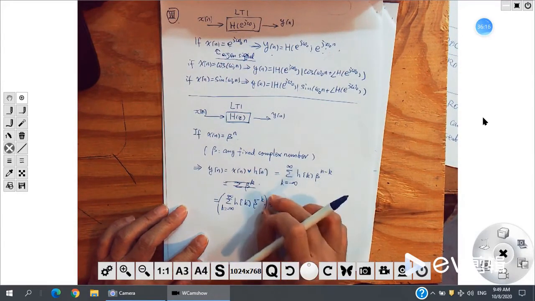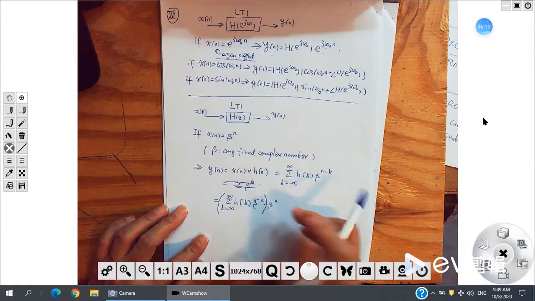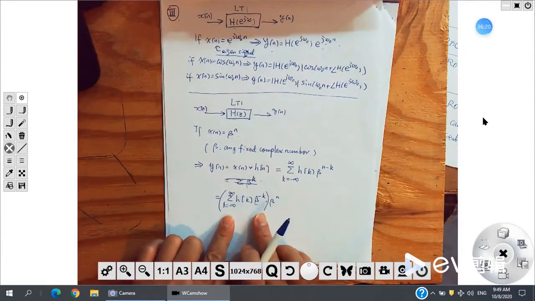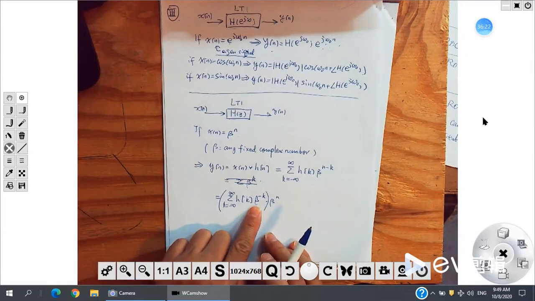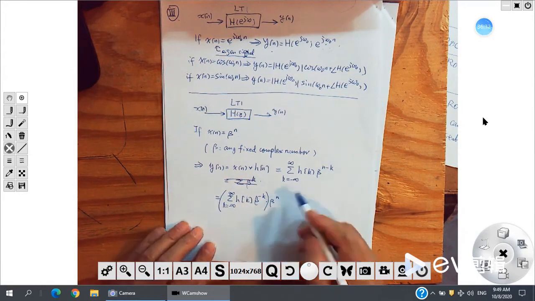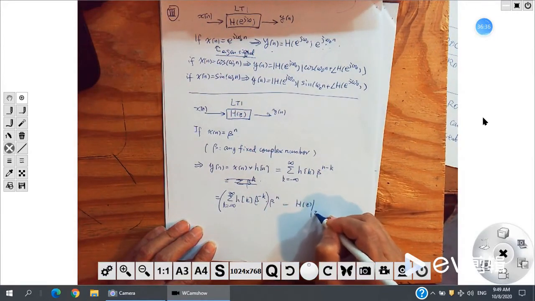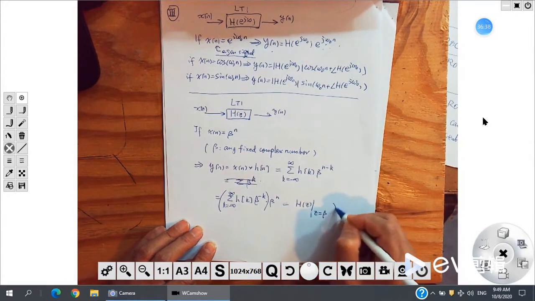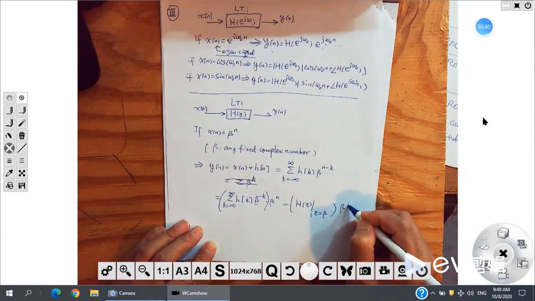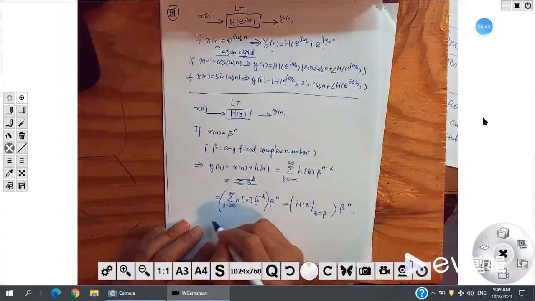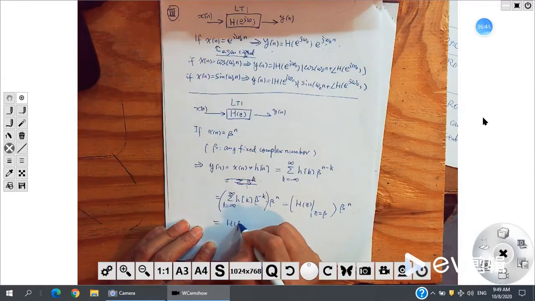So I can move it outside of the summation. The inside summation is what? If you replace beta by z, that is the z transform. In other words, you replace z in the z transform by beta, you get this one. So this is just H of z at z equal to beta, times beta to the n. H of beta times beta to the n.